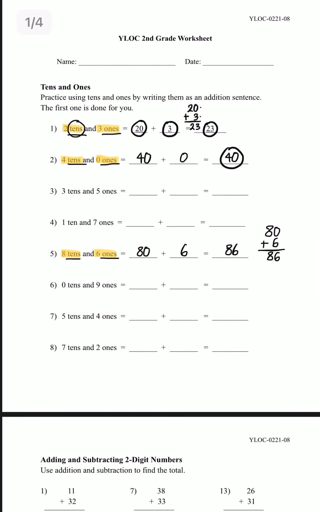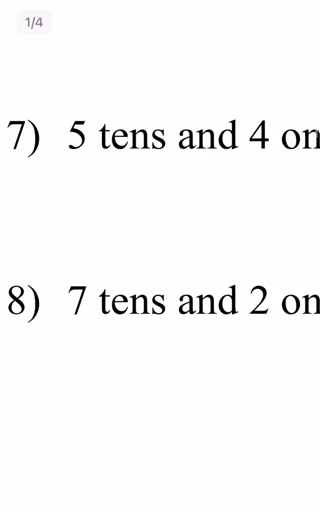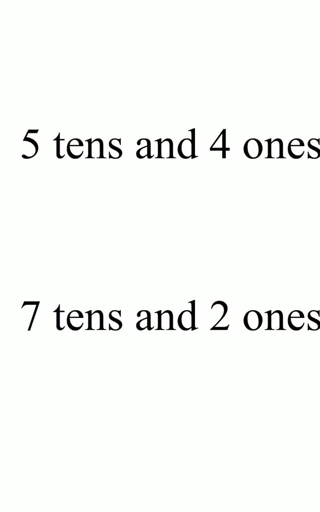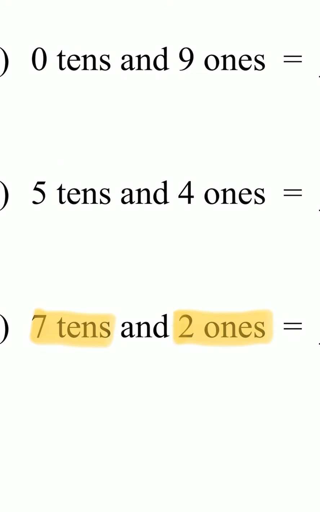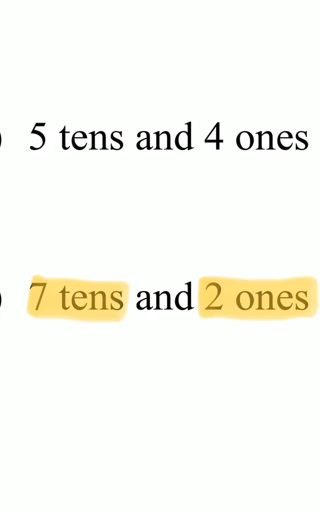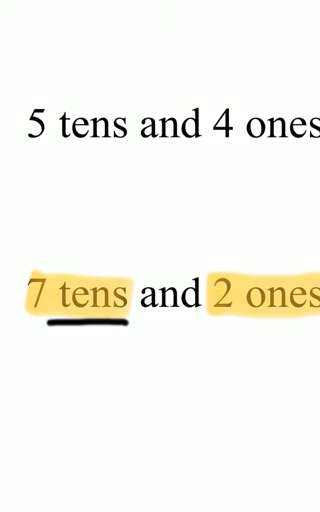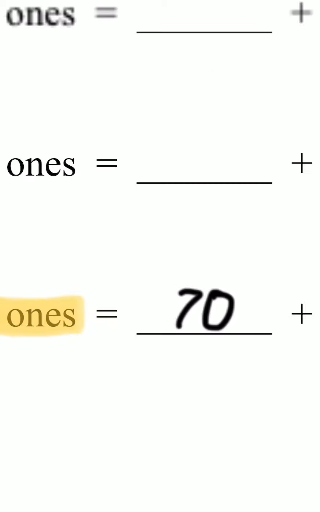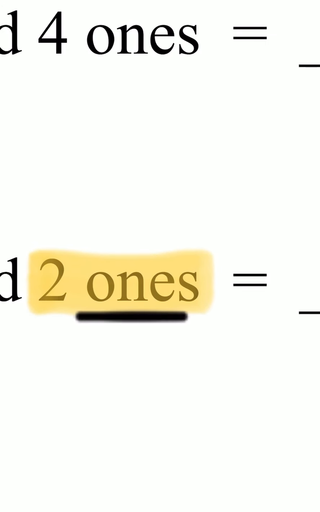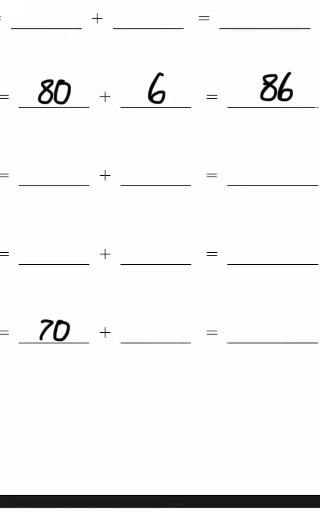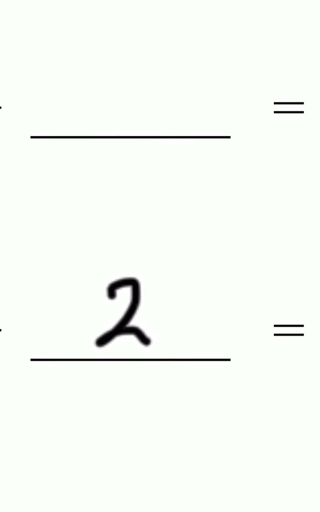Let's look at number 8. We have 7 tens and 2 ones. It's tens, so we need to write 2 digits, which would be 70, and it says ones, so we only need to write 2.